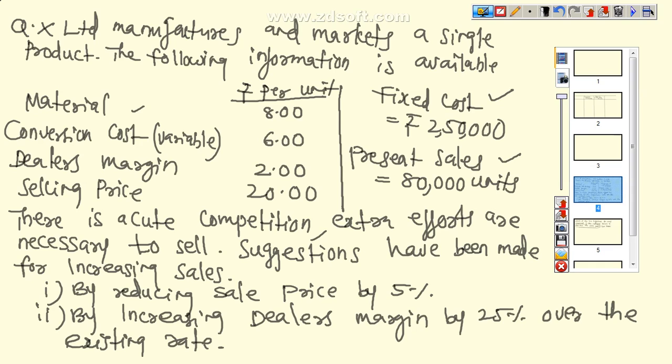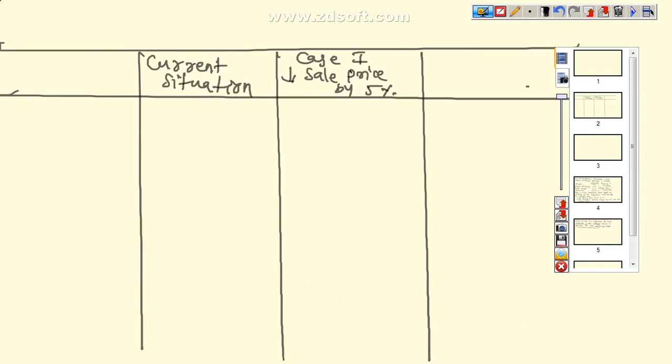Second case, that is increasing dealer's margin by 25%. Case 2, increasing dealer's margin by 25%.